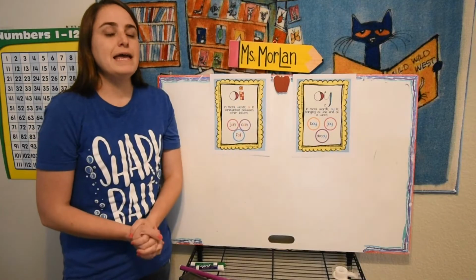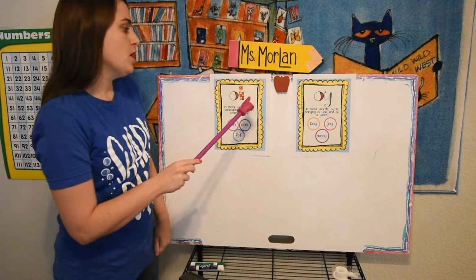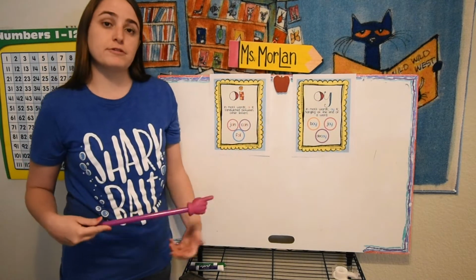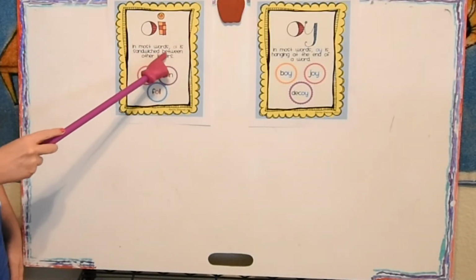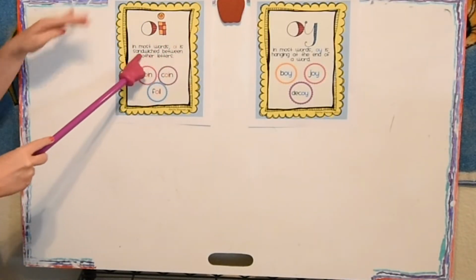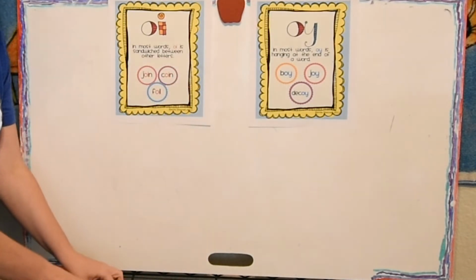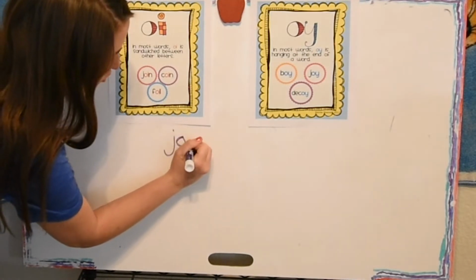Okay? Now I want to go over the reasons why in some words we write OI and in some words we write OY for the sound oi. So in most words, the OI is sandwiched between other letters. That means it's in the middle. For example, again, the word join.